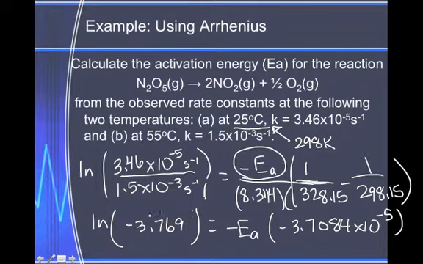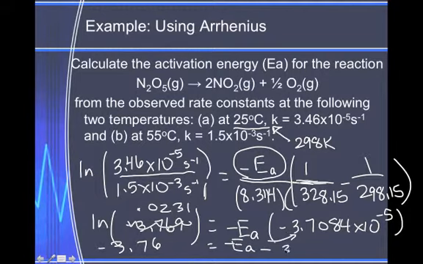The natural log of 0.0231, and that was negative 3.76 and so on, equals my negative E sub A times all this, negative 3.71 times 10 to the minus 5.